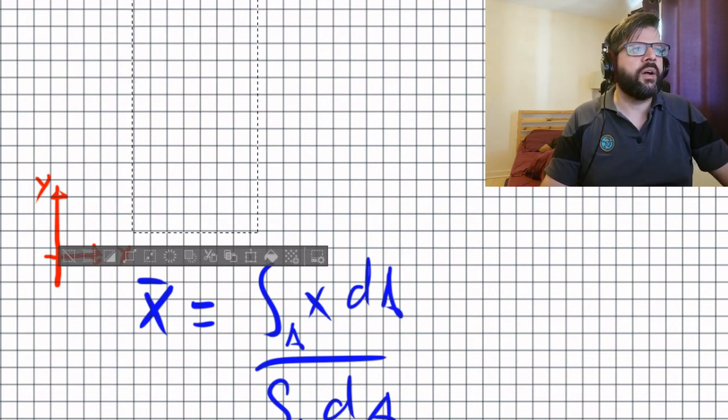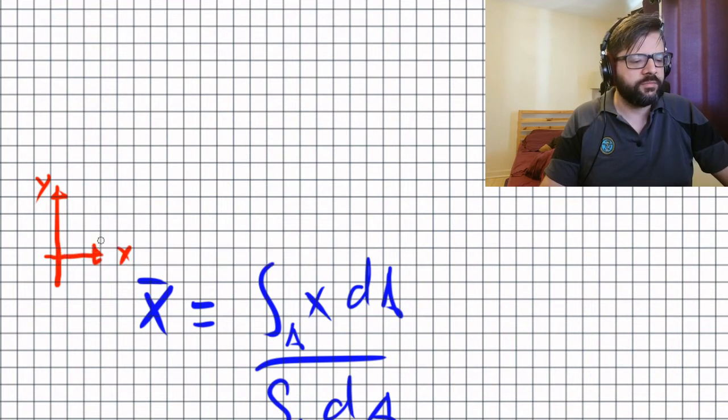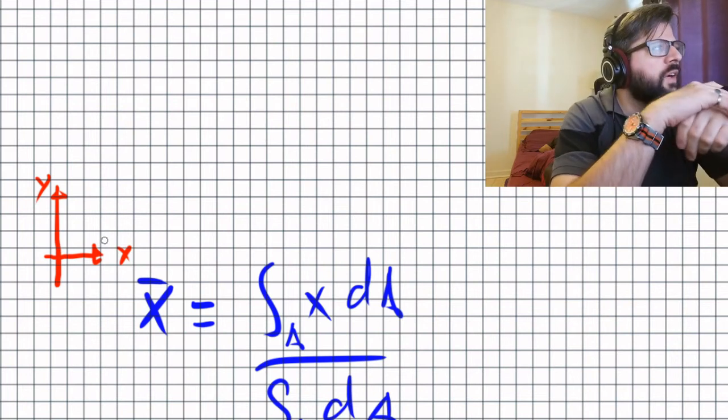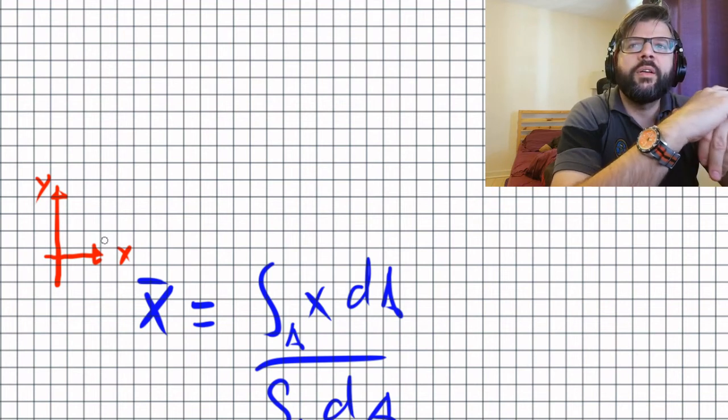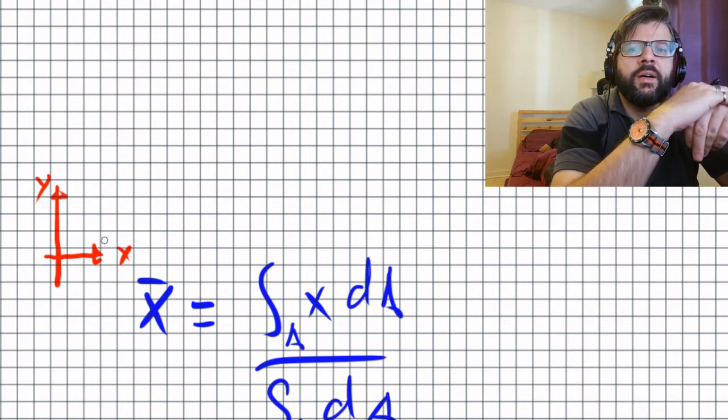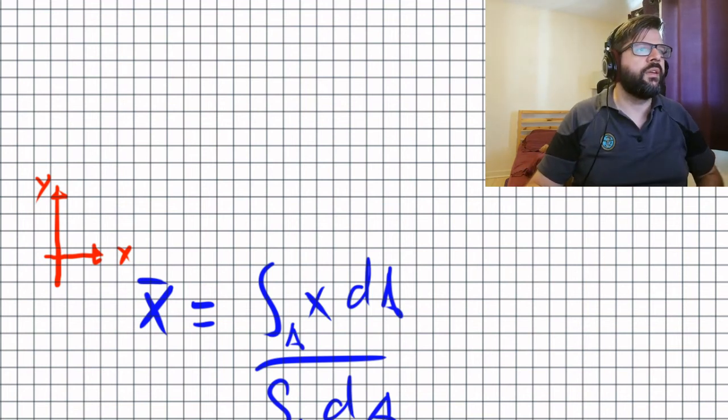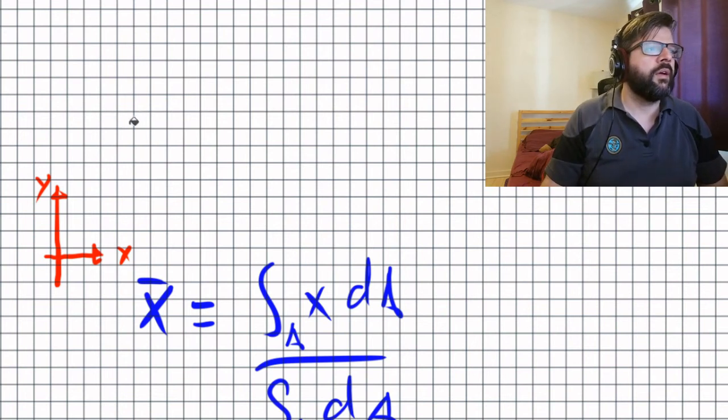So you can basically determine where the centroid is going to be located if you take a structure and then add another structure to it.